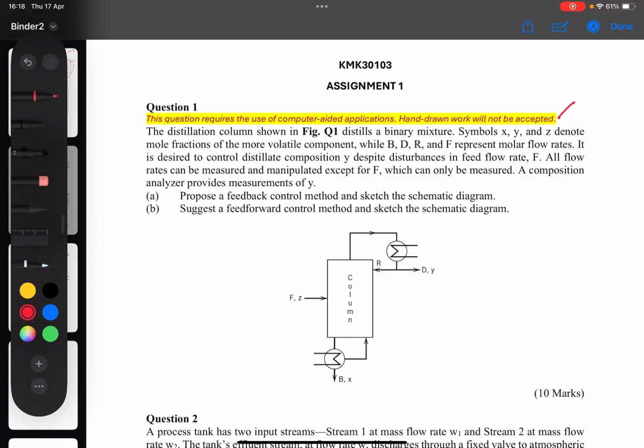It is desired to control the distillate composition Y, meaning that now we're going to control the composition in the distillate, represented by the symbol Y, despite the disturbance in the feed flow rate F. So they say that this is a disturbance. All flow rates can be measured and manipulated except for F, which can only be measured. A composition analyzer provides measurement of Y. Propose the feedback control methods and sketch the schematic diagram.